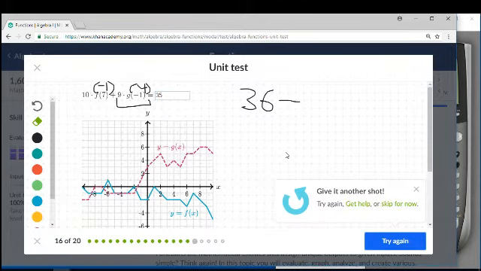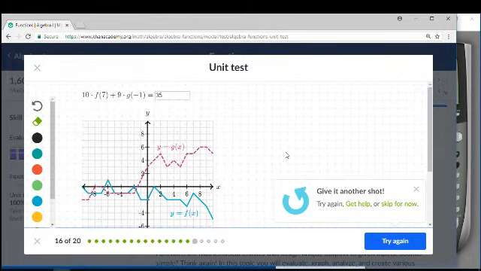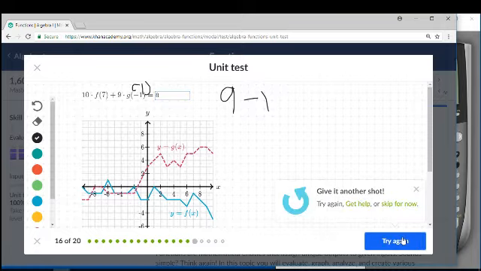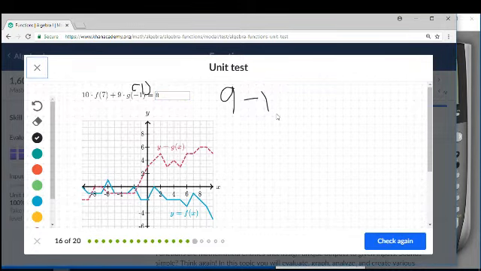Okay, it's okay to make mistakes. Even I believe I may have made an algebraic mistake there. That's g of negative 1, not 1. I took g of 1, but g of negative 1 is just 1. So that's going to be 9, and f of 7 is negative 1, so 9 minus 1 is 8.